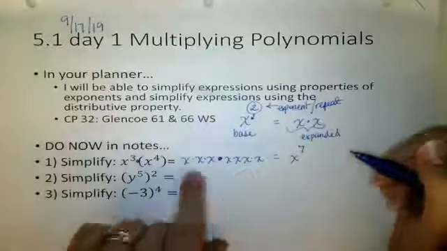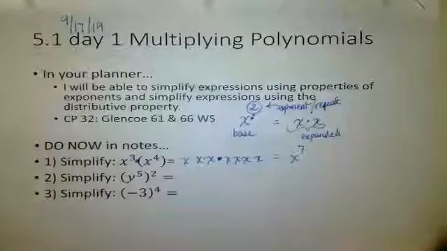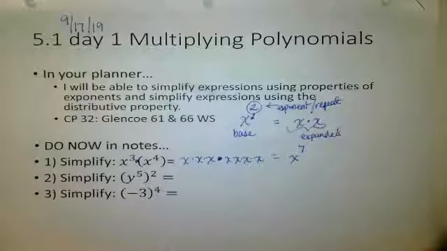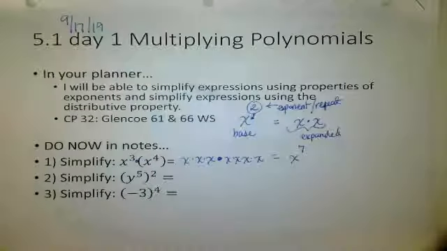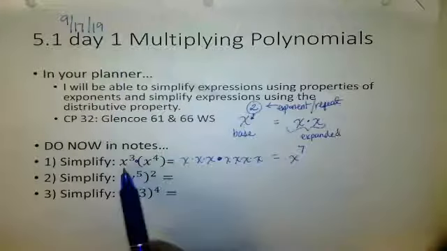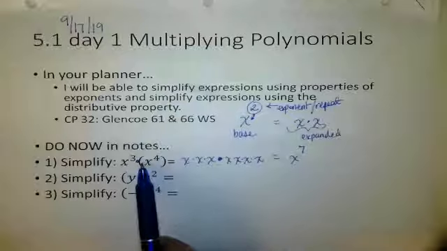So Lord of mercy, expanding everything would take forever, right? We don't want to do that. And so we have shortcuts. However, you could always expand and you will always get the right answer. It just takes you longer to get there, okay? So what's the shortcut? How do I get 7 with just x cubed times x to the 4th?